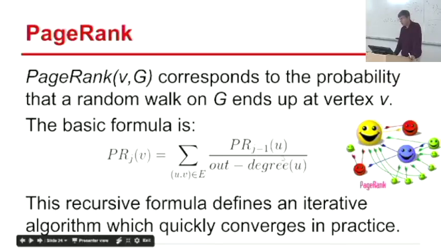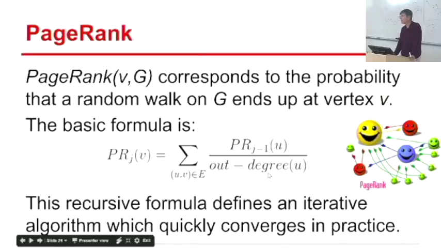It is the sum over all vertices U which have edges coming into V of the PageRank of U at time j, divided by the out degree of U.